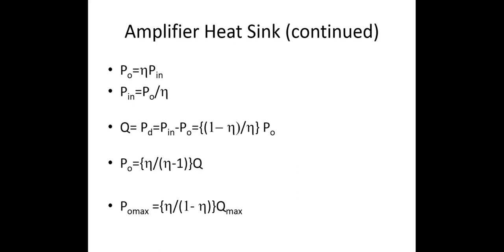After rearranging the equation, we can write P naught in terms of eta and Q. And finally we can obtain the expression for the maximum allowed power, which will correspond to the maximum allowed heat dissipation.